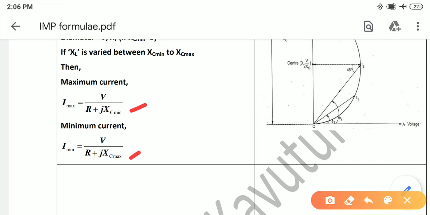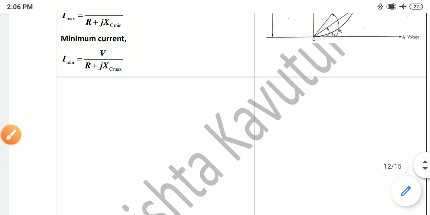Therefore, I max is equal to V by R plus jXC minimum, and I minimum is equal to V by R plus jXC maximum.